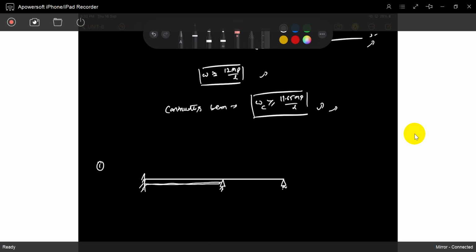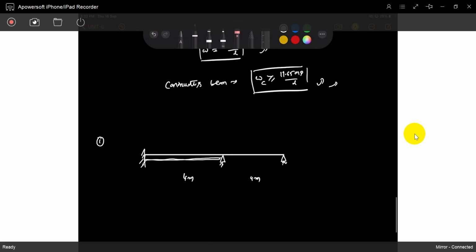So it's a length of 4 meters. It's 4 meters. 40 kilonewtons is applied, 20 kilonewtons is applied. It's 3 meters.